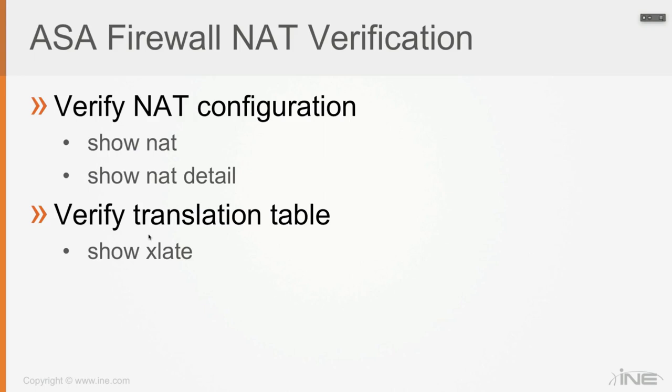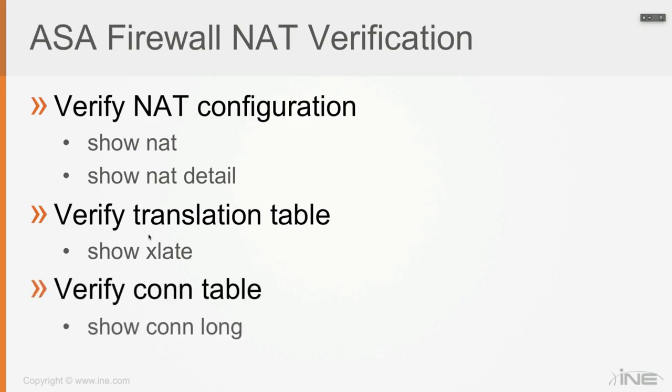If it's dynamic NAT, we first have to initiate traffic to see the translation. And then to verify that NAT actually happened for a specific connection, we say show conn long or show conn detail to see if the ASA has actually matched an IP flow with the NAT configuration, and if the traffic was properly NATed.